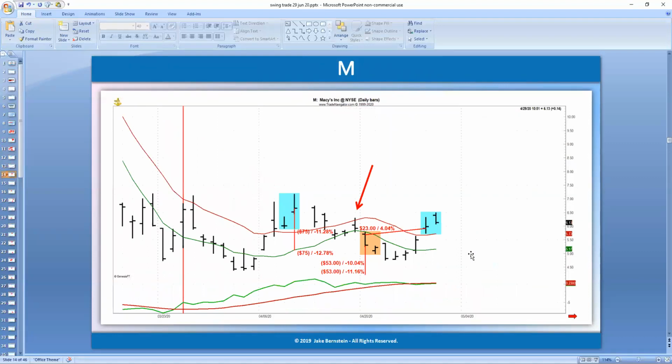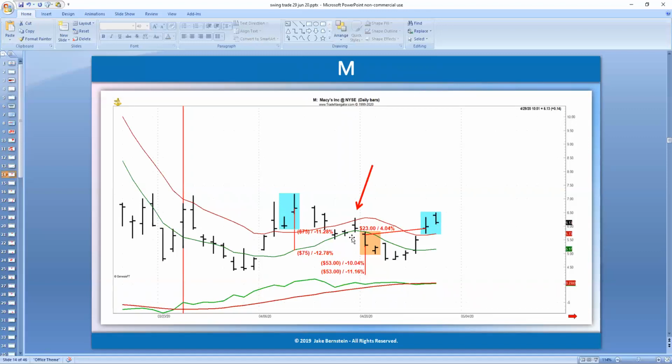So here's Macy's again. Same situation I told you about before. And what happened? Right over here, you had your first opportunity to go long. You hit your target. Let's assume you got out. The next day, it opened below the bottom of the channel. You got back in again.